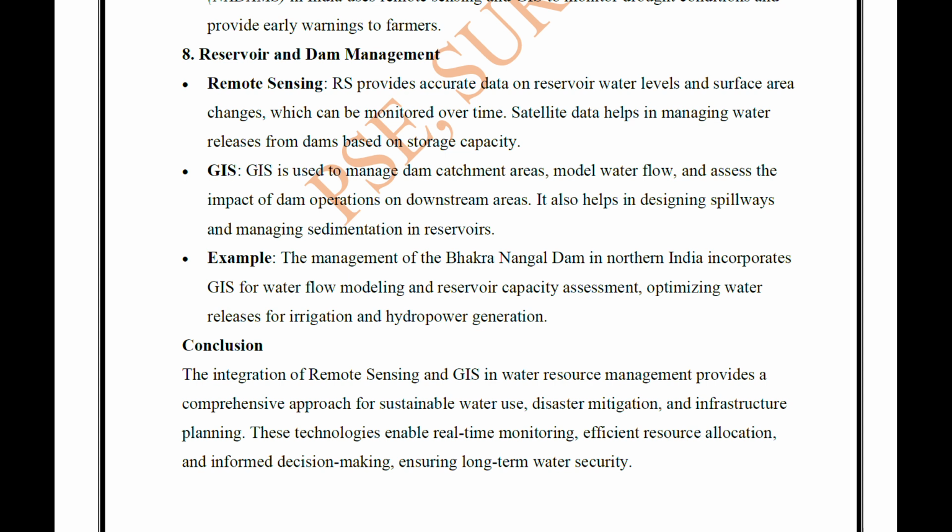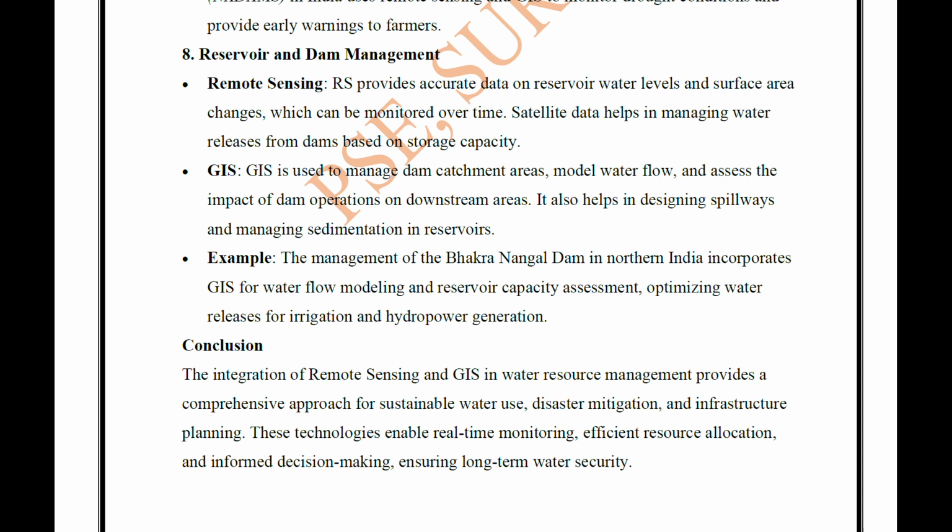It also helps in designing spillways and managing sedimentation in reservoirs. For example, the management of Bhakra Nangal Dam in northern India incorporates GIS for water flow modeling and reservoir capacity assessment, optimizing water releases for irrigation and hydropower generation.